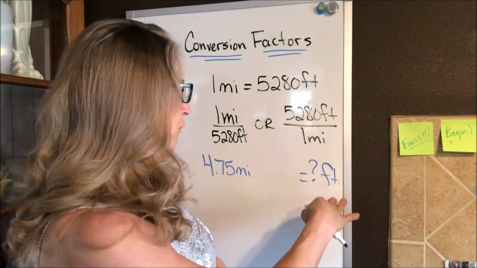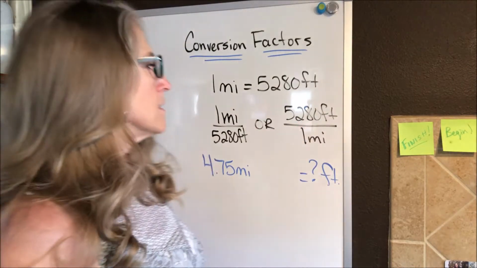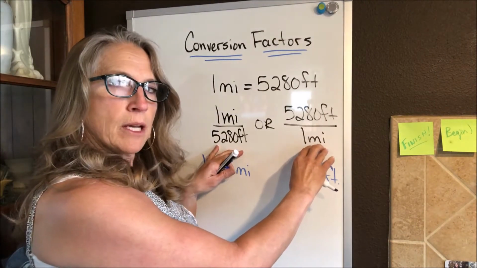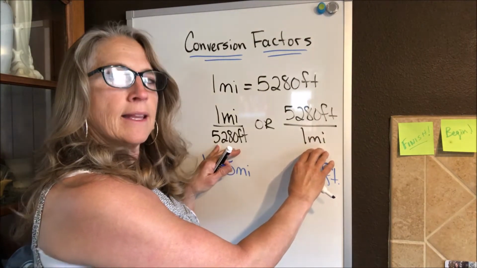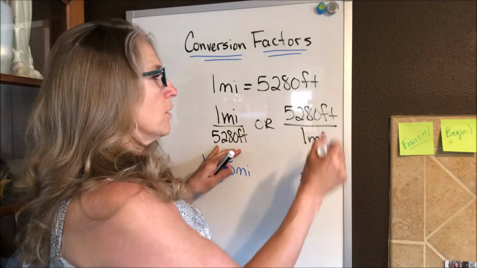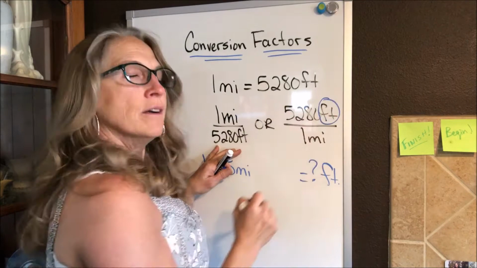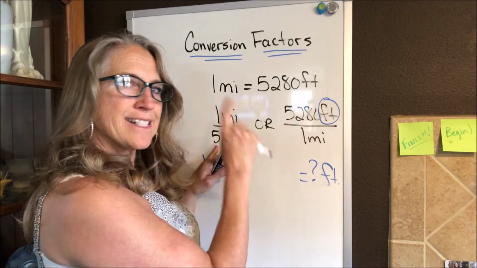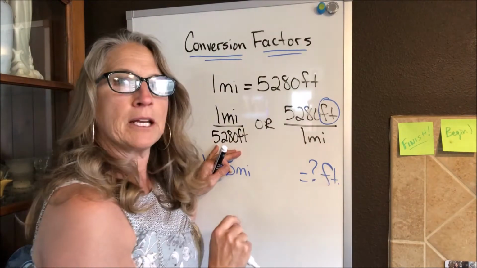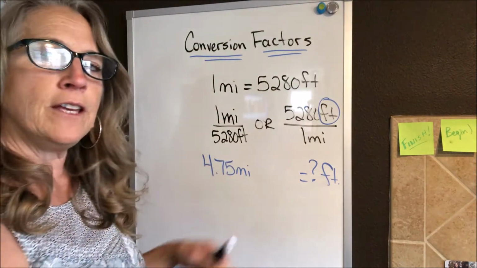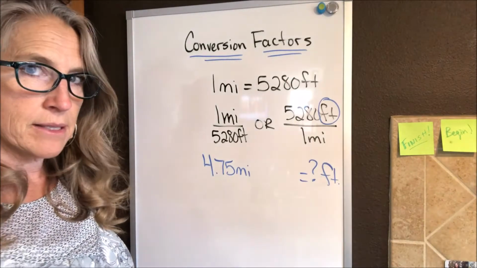It's not in the bottom of a fraction, it's in my numerator. And so when I choose which conversion factor to use, I want to make sure I'm choosing the one that has the unit I want to end up in my numerator. So that's right there, okay? It's in my denominator here. That's not going to work for me because I need it to be in my numerator when I find how many feet are in my 4.75 miles.